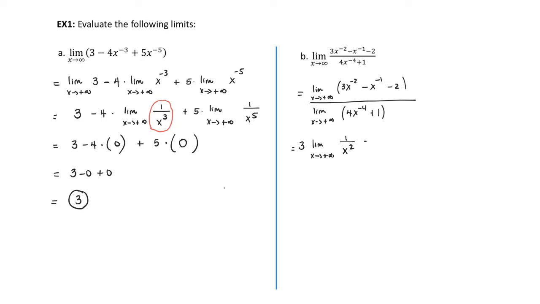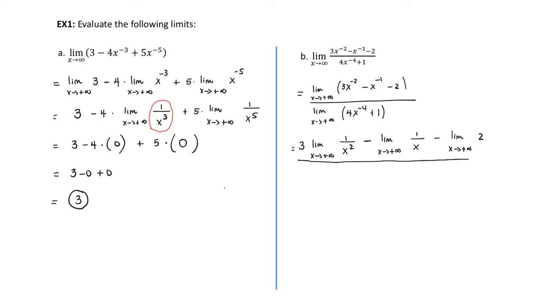And then here, minus the limit as x approaches positive infinity of 1 over x, minus the limit as x approaches positive infinity of 2.